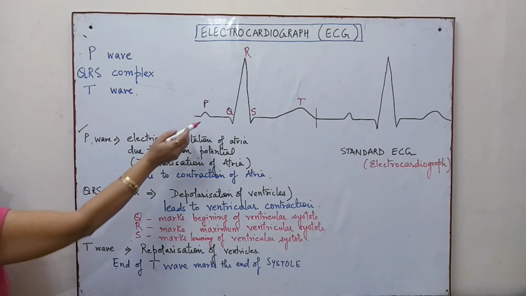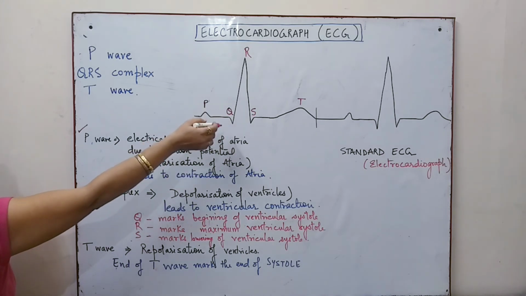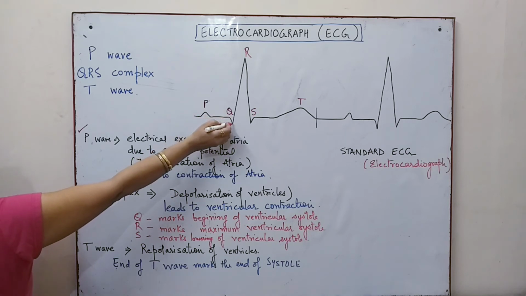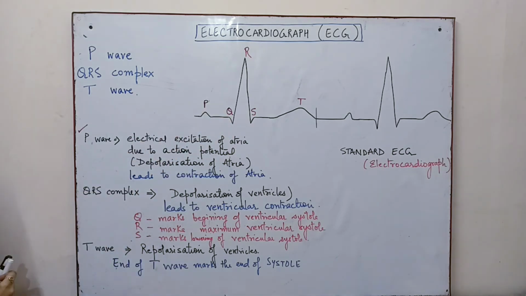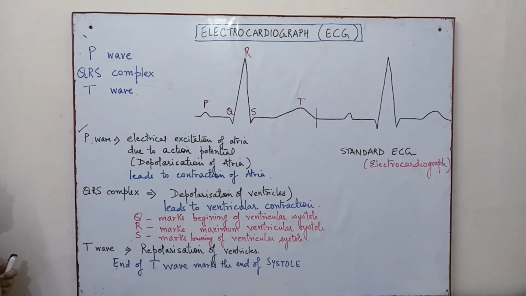Now this further leads to the contraction or the depolarization of ventricles. So from here it passes to the ventricles and leads to the ventricular contraction. And this QRS actually comprises three waves.